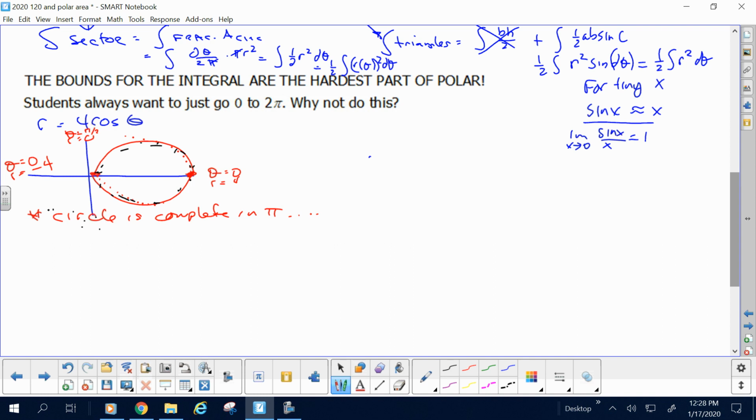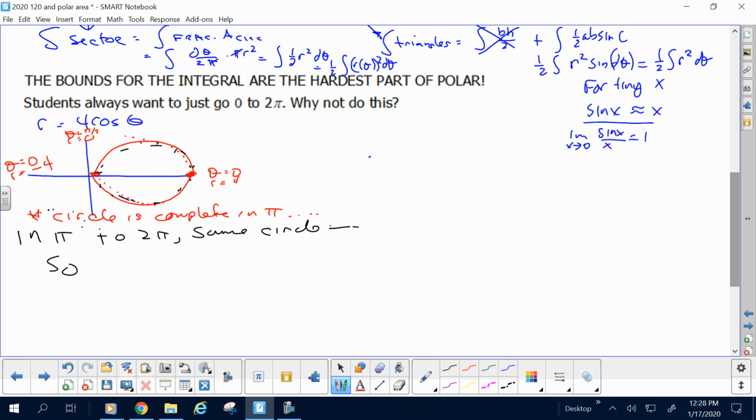If I kept going from pi to 2 pi, I get the circle again. Are you with me? Okay. In pi to 2 pi, you get the same circle.